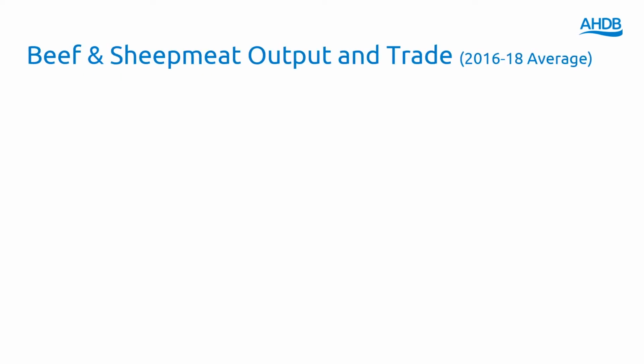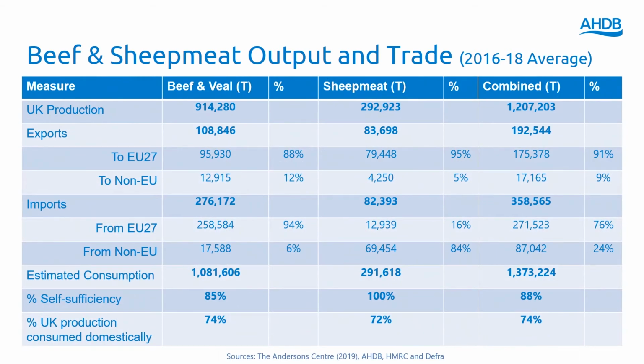So moving into the first part of the webinar, looking at beef and sheep meat output and trade. For this, we've used an annual average over the 2016 to 2018 period. And you can see coming up on your screens now the output in volume terms for the beef and veal, sheep meat, and then the combined red meat sector over that period of time.